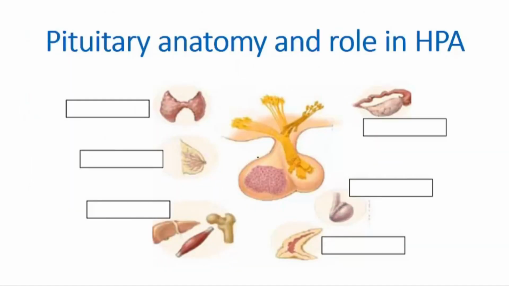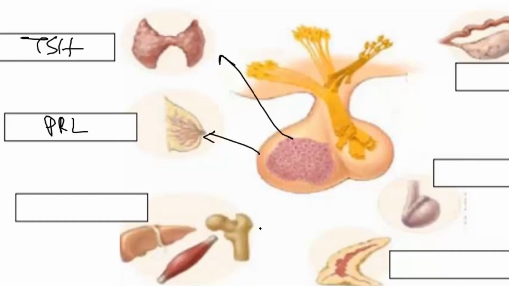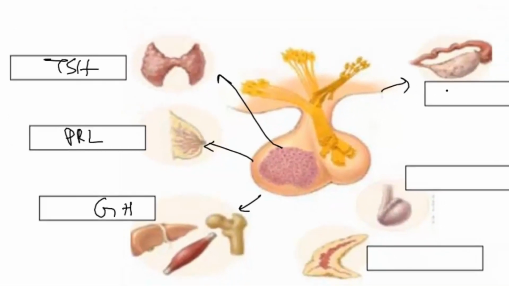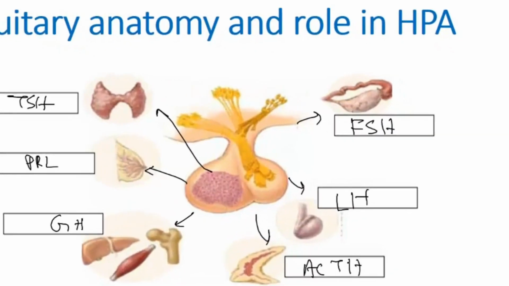If you look at this picture, anterior pituitary, this one produces this TSH, produces prolactin, produces growth hormone. This is follicle stimulating hormone, luteinizing hormone, adrenocorticotropic hormone. Okay.